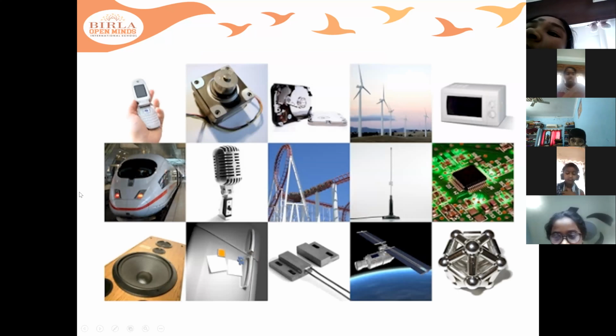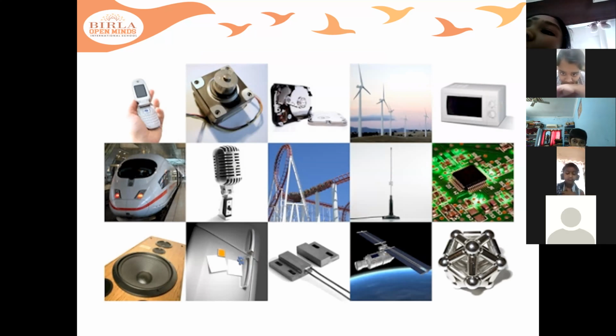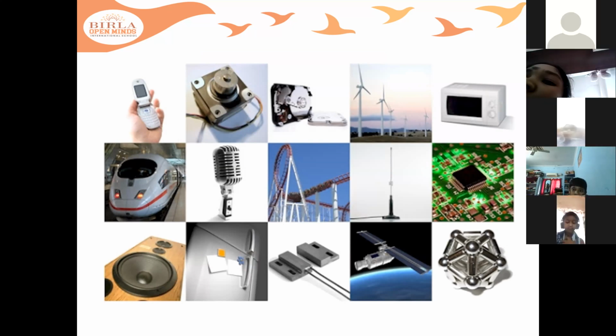Here you can see in this picture, there are different uses of magnets, like in mobiles, and in generators, like in the machine or the motor which you use for pulling water, even in maglev trains, in trains, as Ritvik has said, it is used in trains also.